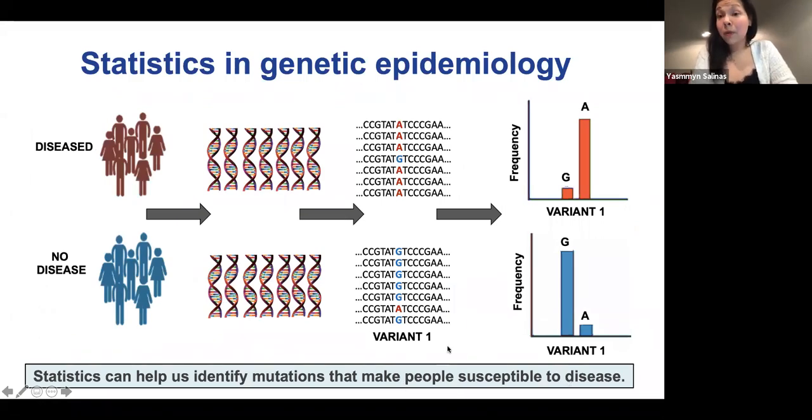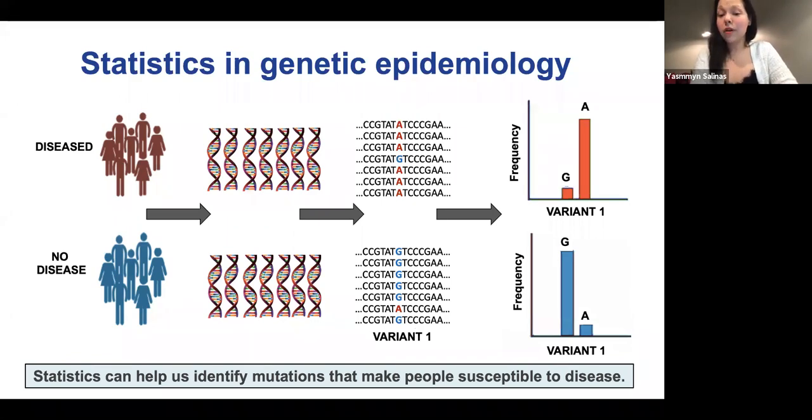What I would do is study two groups of people: people who have the disease and people who don't. We collect their DNA information and examine their DNA sequences to see where there are differences from person to person.